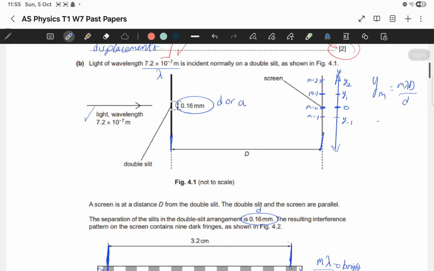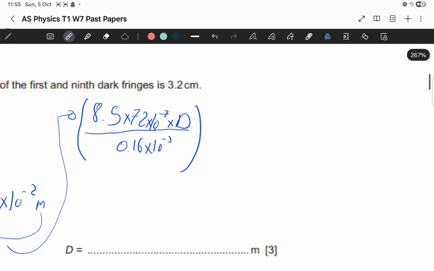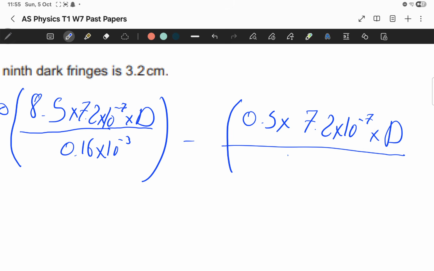Remember, this was the given, 0.16 millimeter, this is d. Minus 0.5 times 7.2 times 10 to the power of negative 7 times capital D over 0.16 times 10 to the power of negative 3.